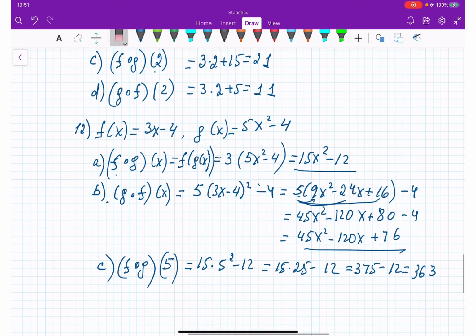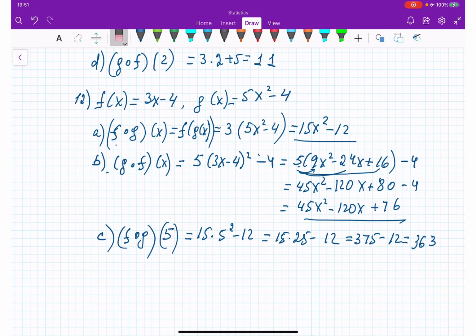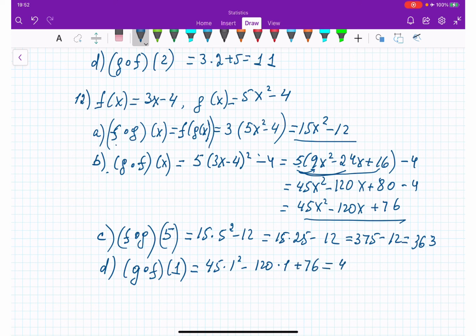And lastly, the composition of function g with f for the value 1, which means everywhere I'm plugging 1. So 45 times 1 squared minus 120 times 1 plus 76. And we get 45 minus 120 plus 76.